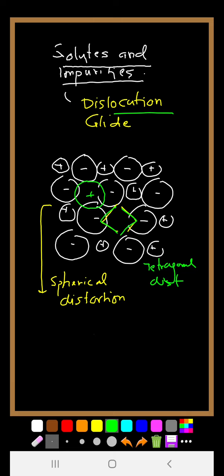Now, addition of solutes and impurities to ceramics can also lead to strengthening. What we are mainly talking about here are metals or ionic crystals, for example.